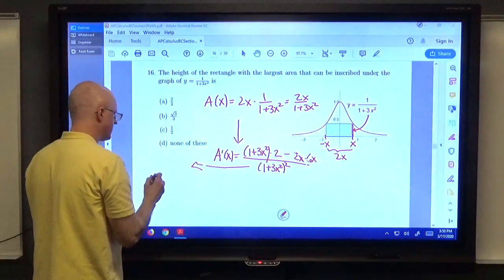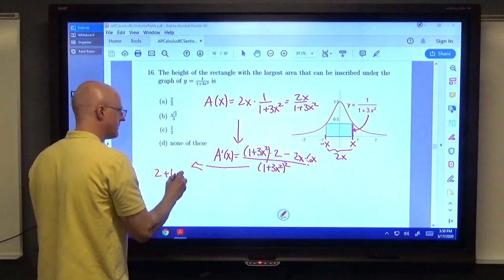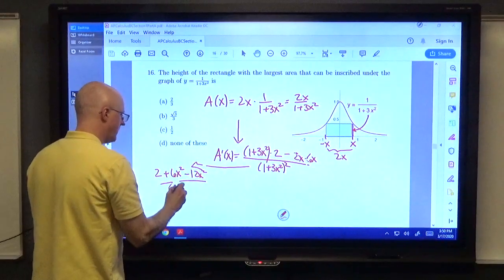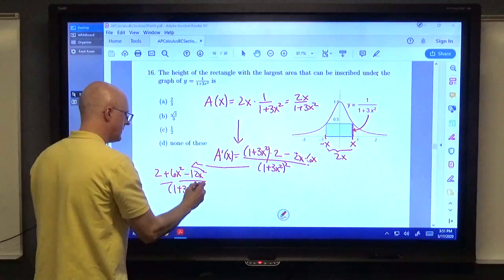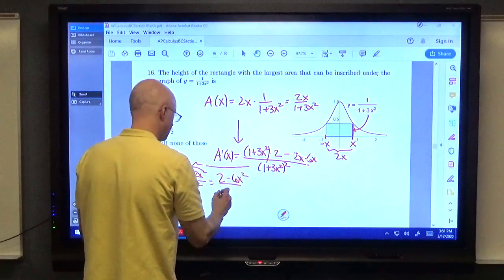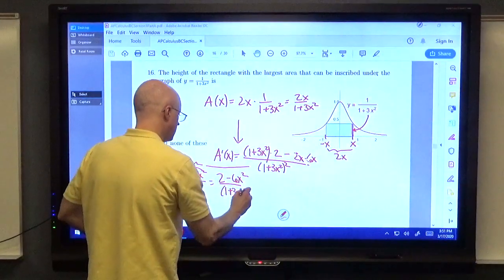Simplify this, you're going to get 2 plus 6x squared minus 12x squared over (1 plus 3x squared) squared, which is 2 minus 6x squared divided by (1 plus 3x squared) squared.